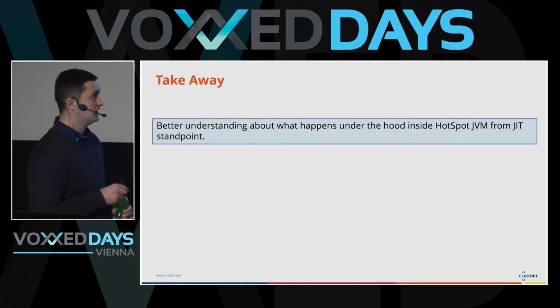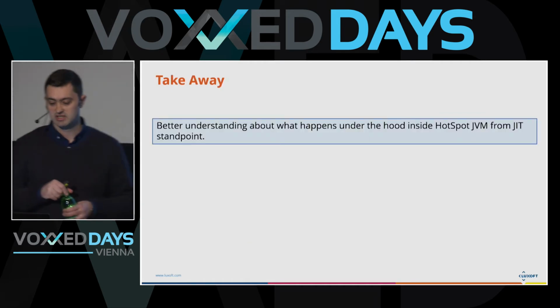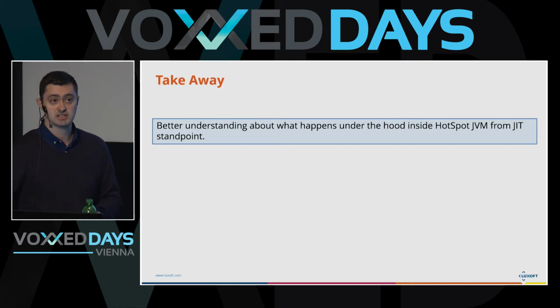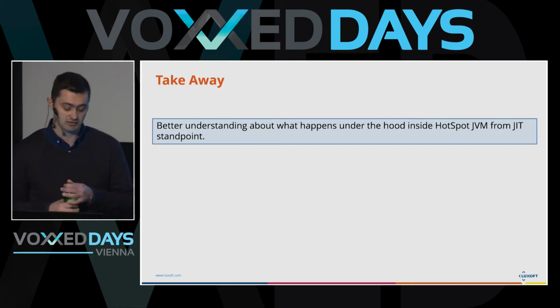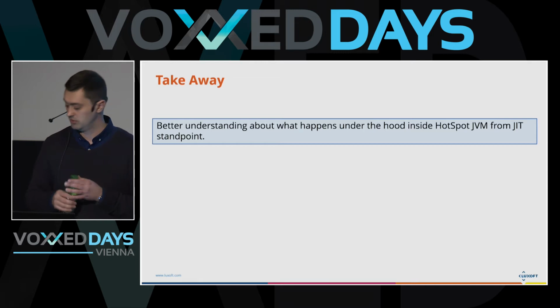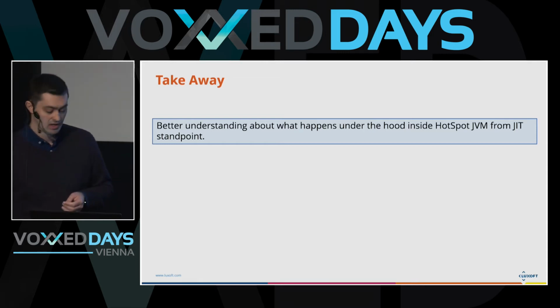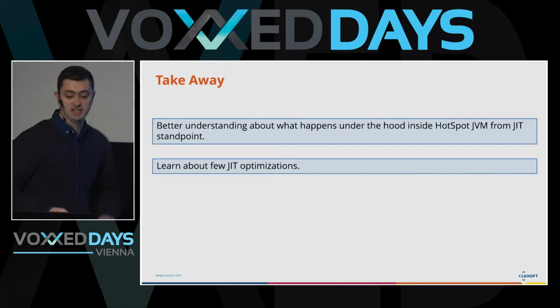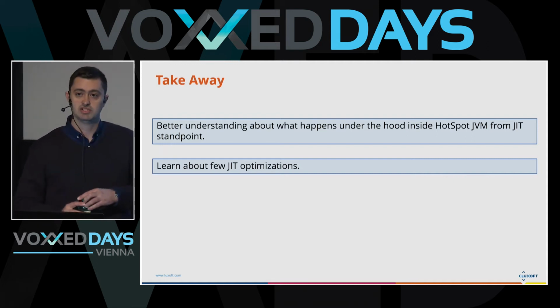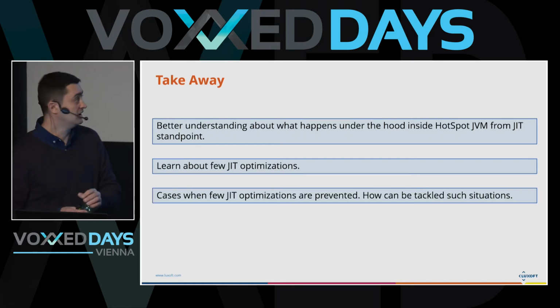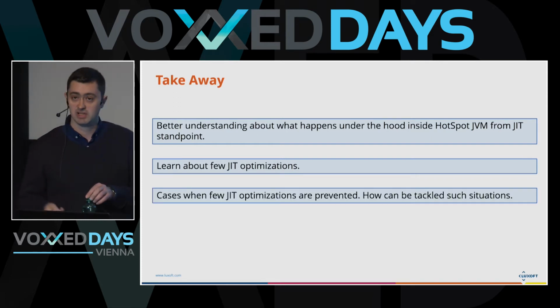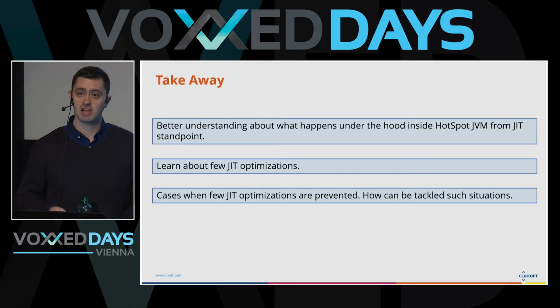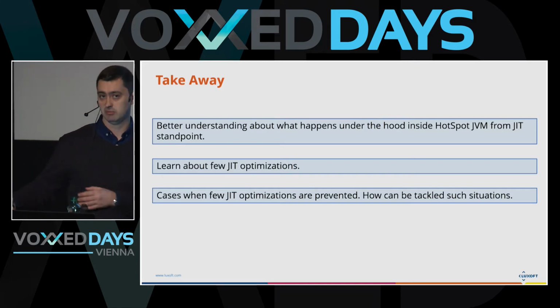What's in it for you to take away from this talk? It's a better understanding of what happens inside the HotSpot virtual machine from the just-in-time compiler standpoint. You will also learn a few just-in-time compiler techniques, and how the JIT triggers those optimizations. And at the end, we'll go through some cases when the just-in-time compiler is no longer able to compile the code.